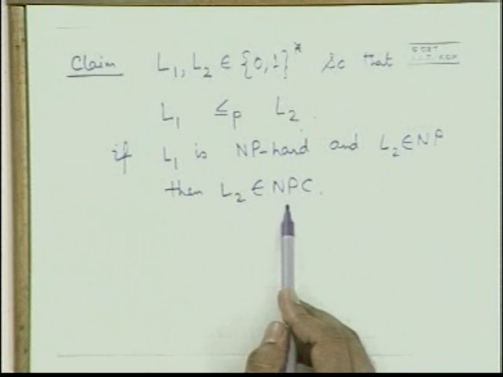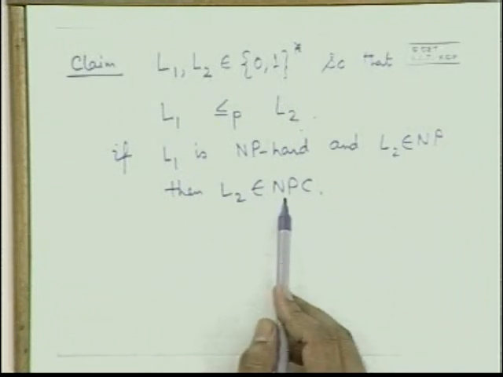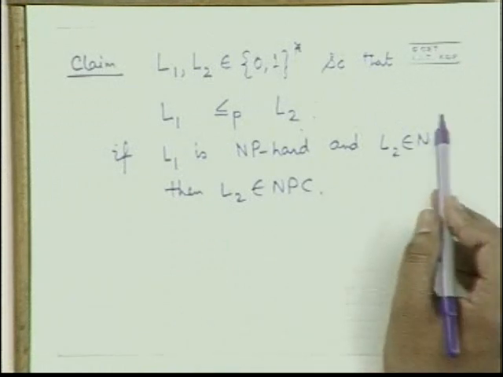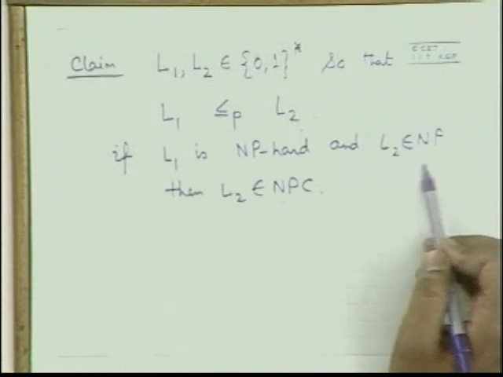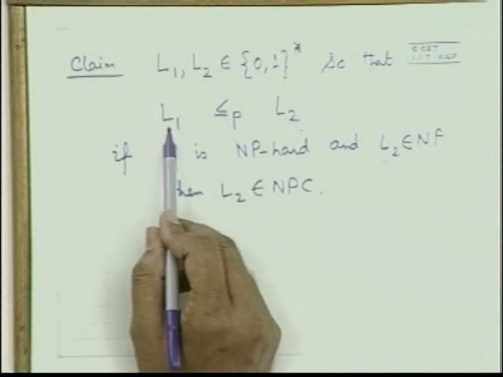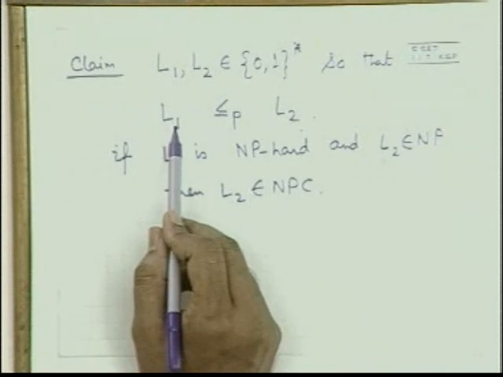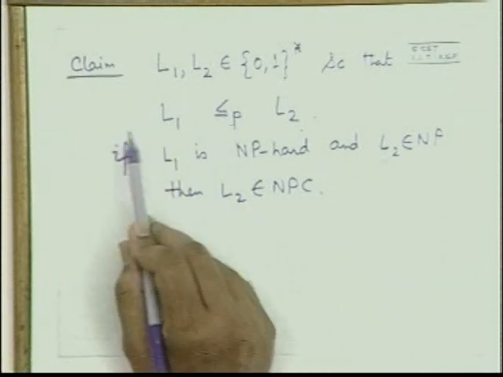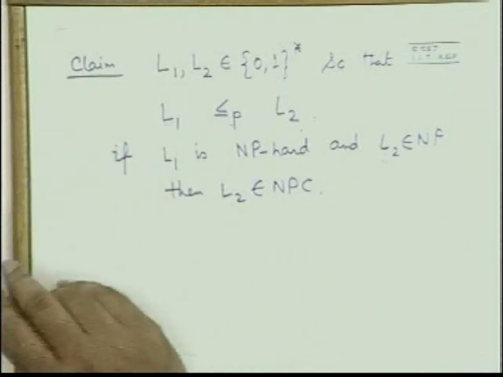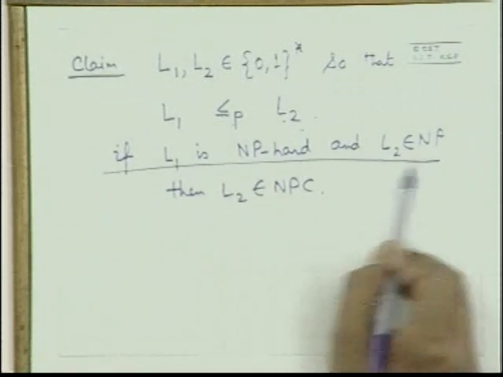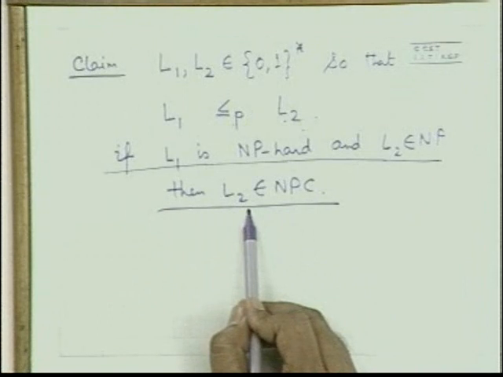Then L2 must be in NPC, because then 1 and 2 are both satisfied. The first condition for NPC is satisfied here, since L2 is in NP. The second condition is satisfied by this, if L1 is NP hard. Again I repeat, if L1 is NP hard, all problems in NP can be reduced to L1. By this reduction, in conjunction with that reduction, all problems can be reduced to L2 also. So if these two conditions are satisfied, then L2 is also NP complete.